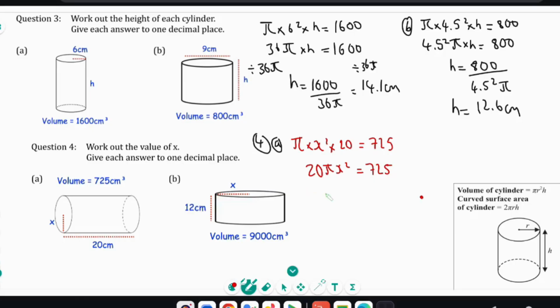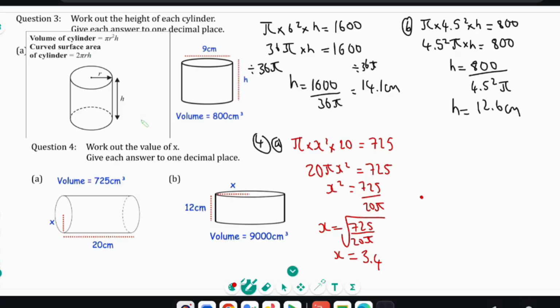Divide both sides by 20 pi. Square root both sides. 3.4.